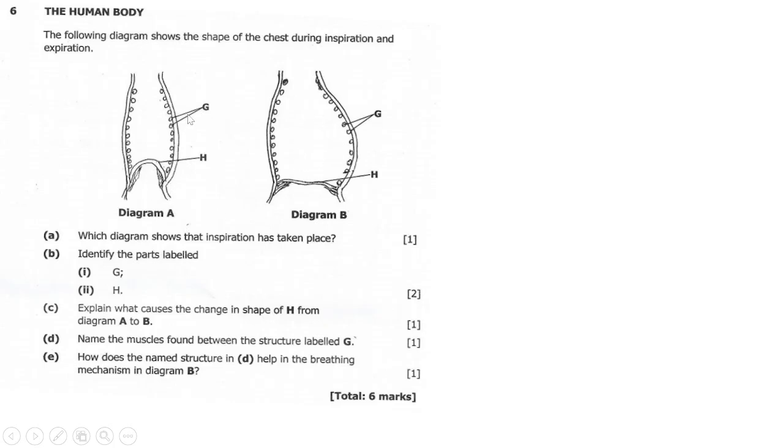This is the diaphragm, those are the ribs. Here the diaphragm is dome-shaped, here it is flattened.